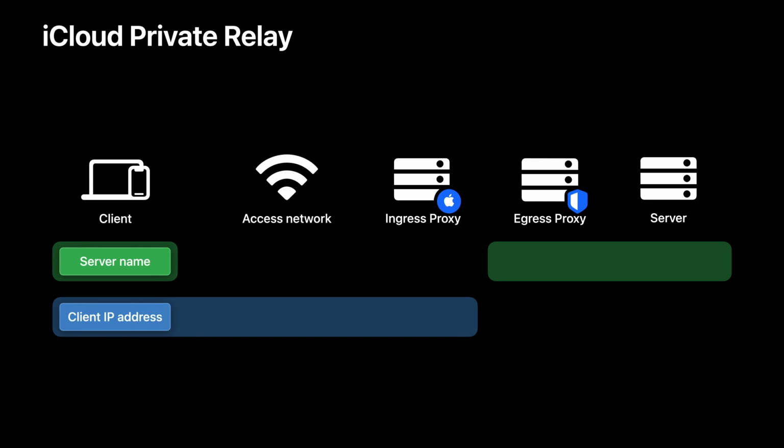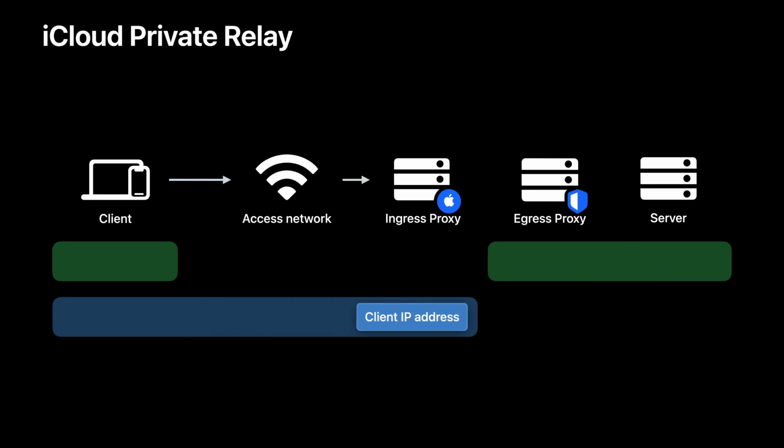iCloud Private Relay adds multiple secure proxies to help route user traffic and keep it private. The proxies are run by separate entities. One is Apple, and one is a content provider. Now, when someone accesses the Internet, only the client IP address is visible to both the network provider and the first proxy.